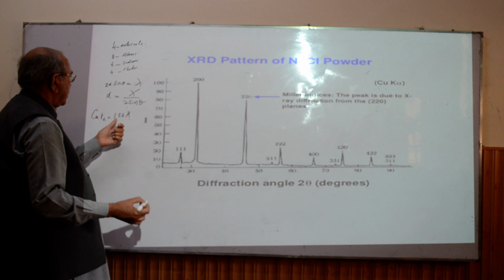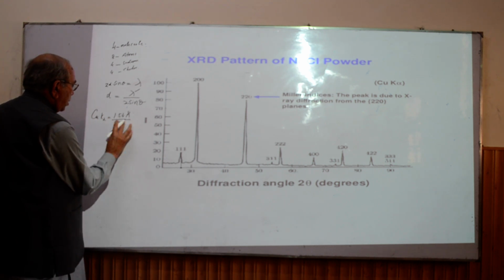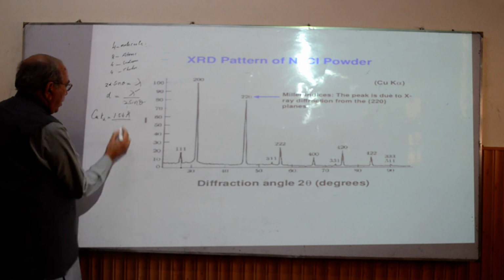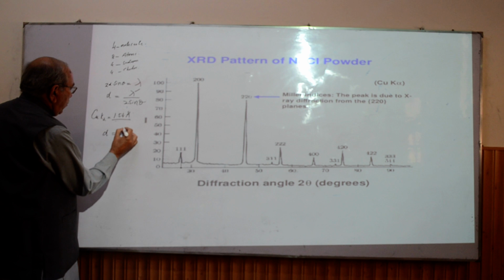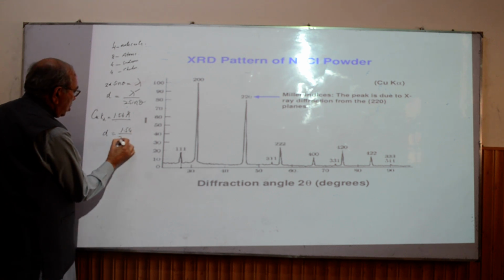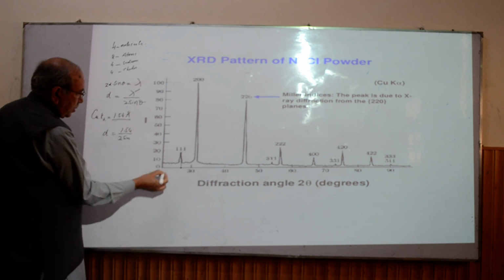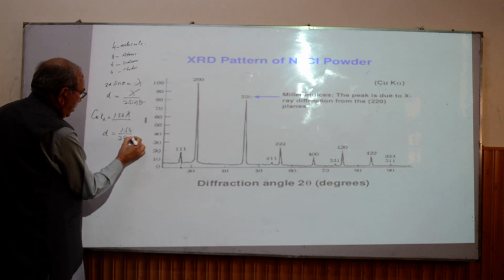So the d value will be equal to 1.54 angstrom divided by 2 into sine of theta. This is 2 theta, so I will use sine of theta, and in this case theta is 12.